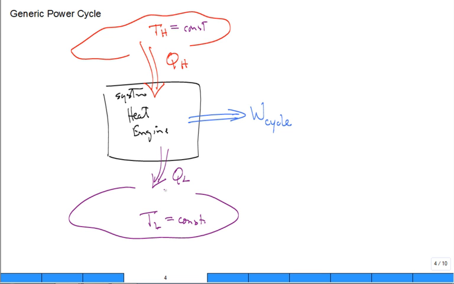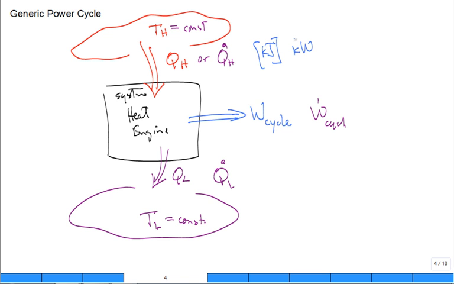Now you can show this generic power cycle either on an amount basis, where it's Q in kilojoules, or you could put it on a rate basis. Either way, it works. So either this, or Q dot H and W dot cycle and Q dot L. All it is is the difference between kilojoules versus kilowatts, right?